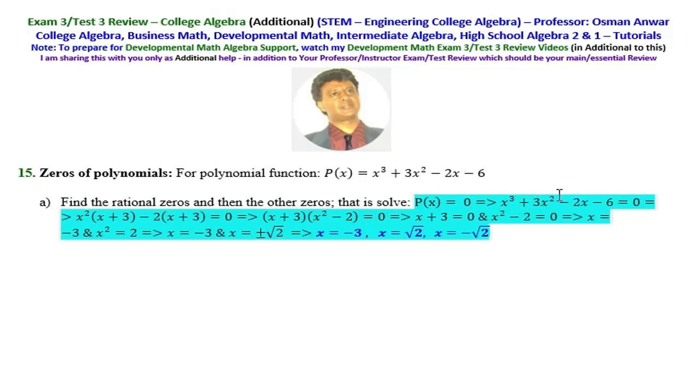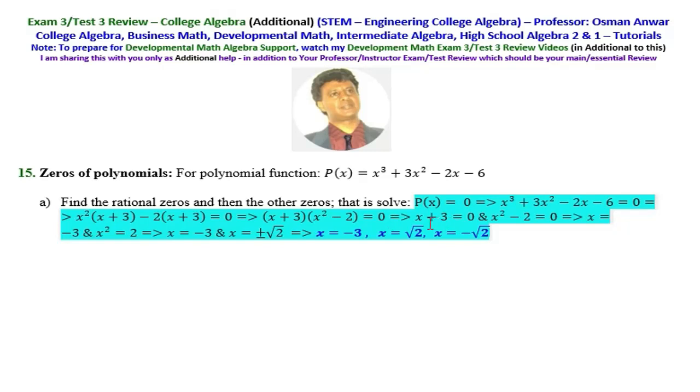Then if you group the first two and the second two, from the first group you can factor out x squared, and that will give you x squared times x plus 3. From the second group you can factor out minus 2, that will give you minus 2 times x plus 3. Then x plus 3 is common, we factor that out: x plus 3 times x squared minus 2 equals 0.